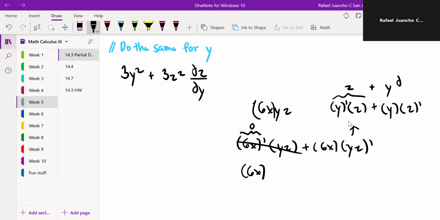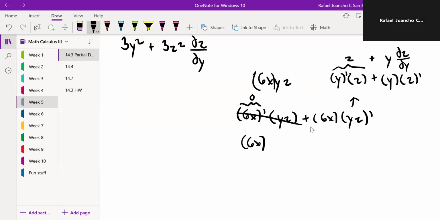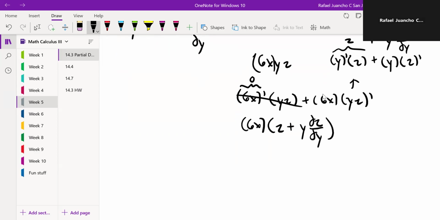And then here I have my partial, right? Okay, so what is this? Now we just plug in what we know. And there we have it. 6xz plus 6xy.